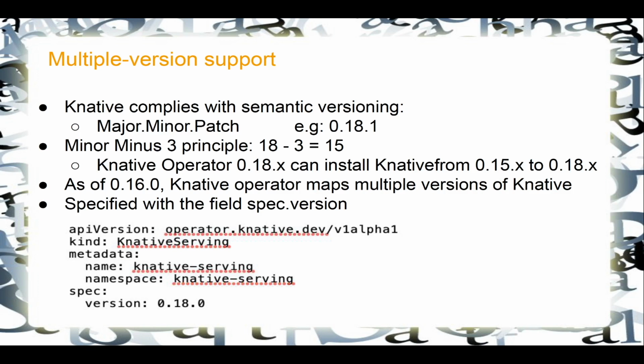One Knative Operator version cannot support all the Knative versions, so there is a -3 principle for the minor version. The earliest version Knative Operator supports can retrogress to the current minor version -3. For example, Knative Operator at 0.18 supports Knative from 0.15 to 0.18.